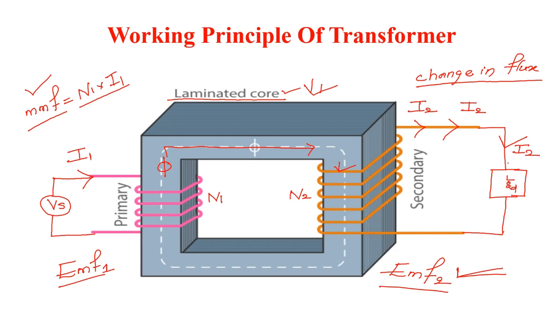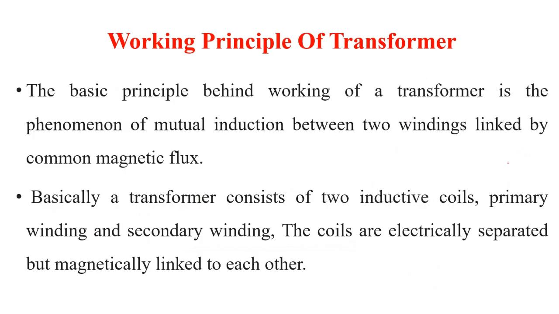Now coming to the most important points about this working principle. First, the basic principle behind the working of a transformer is the mutual induction between the two windings linked by the common magnetic flux.